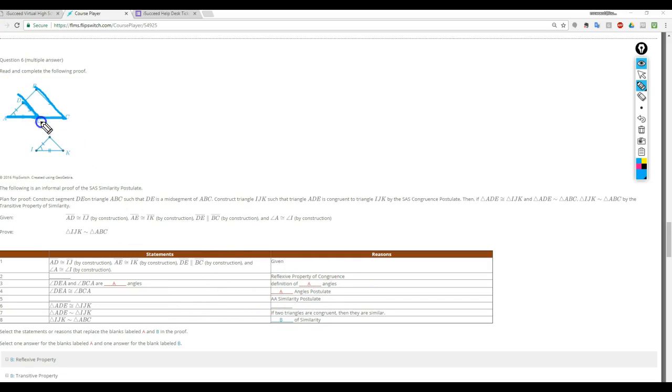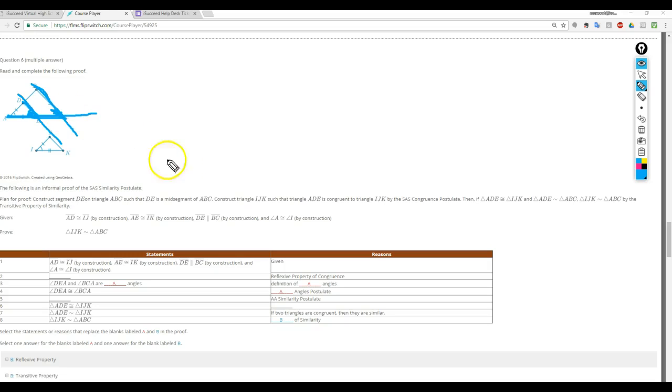Well, since DE is a parallel line and EC is parallel to BC, and AC is our transversal, this angle DEA and angle BCA, since they are both in the left upper corner on their line that's cut by the transversal, so 1, 2, 3, 4, 1, 2, 3, 4, they're both in that one position.